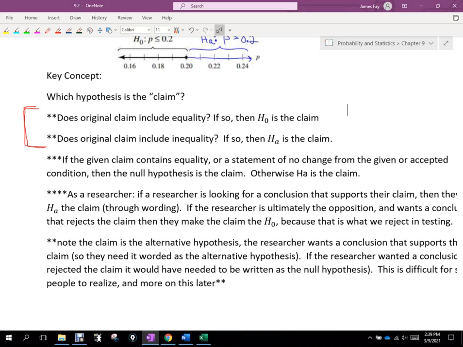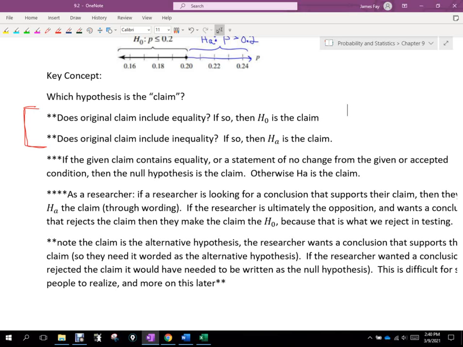So if the statement refers to somebody doing a report, somebody making a claim, somebody believing some piece of information, then that is the claim. If it includes equality, it's the null hypothesis, because the null hypothesis has to have equality in it. If the claim says that the report believes there is less than or greater than some value, so there's inequality, then that means the alternative hypothesis is the claim, because that's the one that has to have the inequality symbol in it.